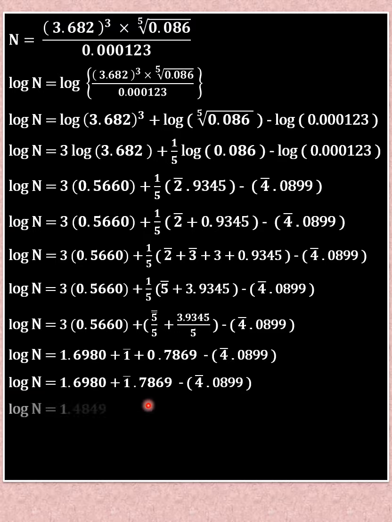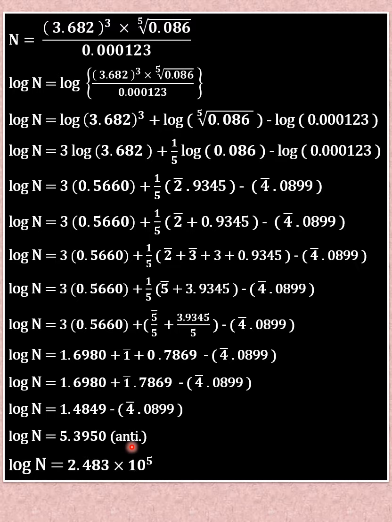Then again here 1.6980 plus this value minus this value. Simple addition, then subtraction. While doing the subtraction, remember that this is 1 and this is minus 4, so it becomes 5, and finally the antilog of the given number is 2.843 into 10 to the power 5.